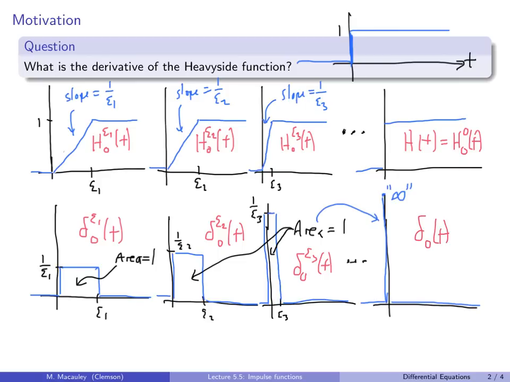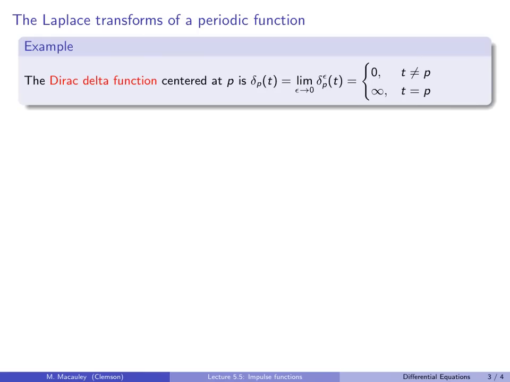Now there is a lot of deep, rigorous mathematics behind the scenes that you'll learn about if you take probably a second semester course in undergraduate real analysis. But for now, that's way beyond the scope of this course. So we can define this function. It's called the Dirac delta function, frequently just called the delta function, centered at p. In the previous slide, we let p be 0, but we can do this for any p on the x-axis.